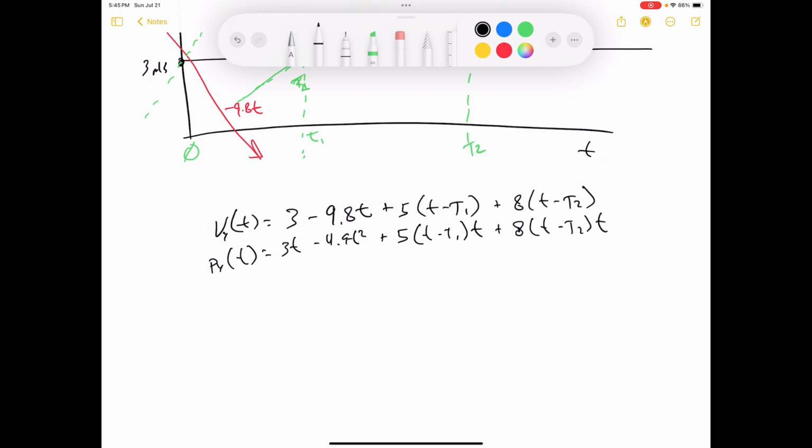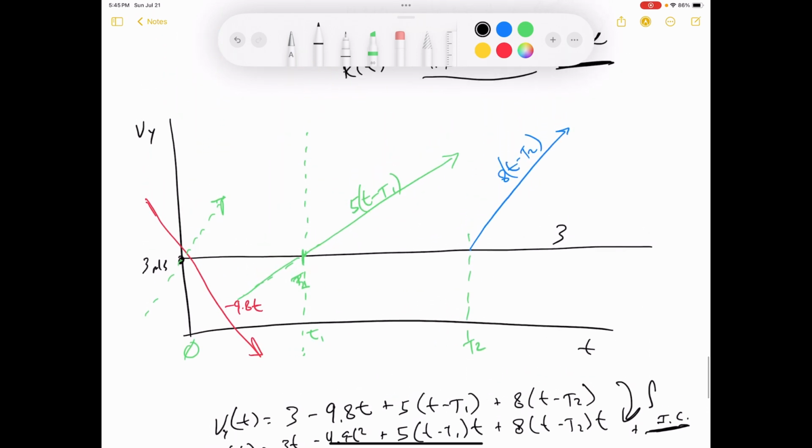This is what happens when you integrate. Obviously after you do that, you also need your initial condition, which is not going to be in the velocity. So once you integrate, you're going to have to find out what your IC is.